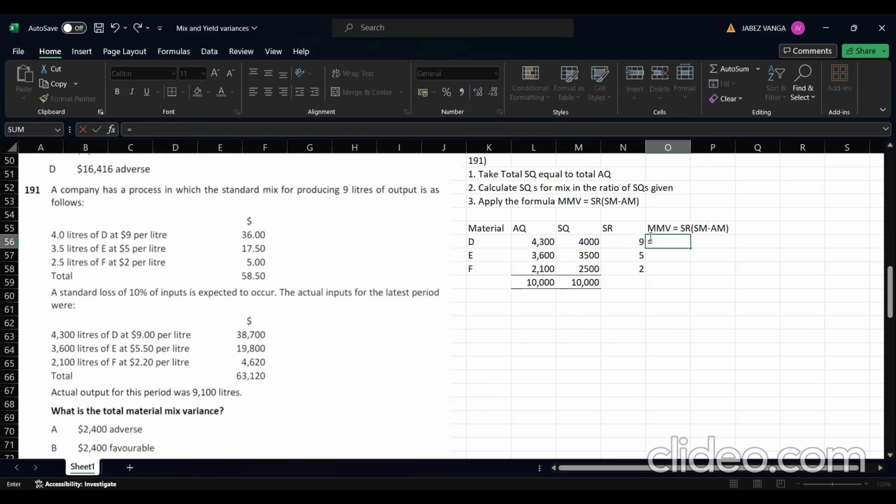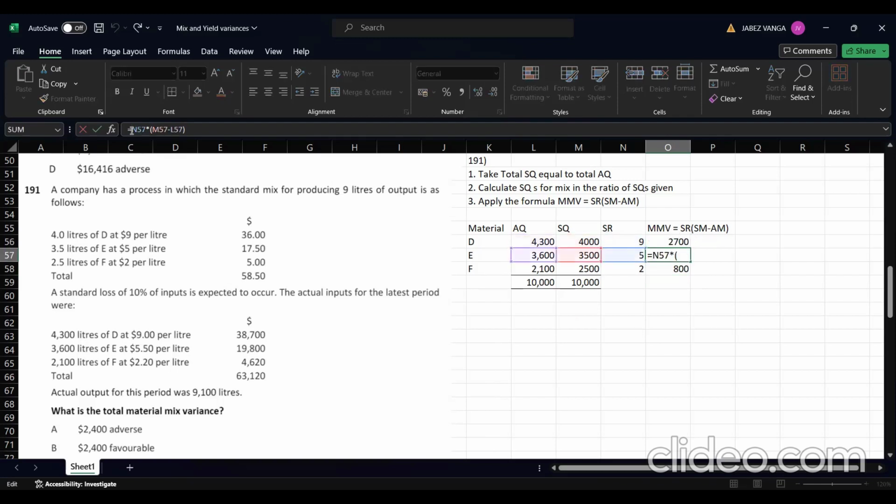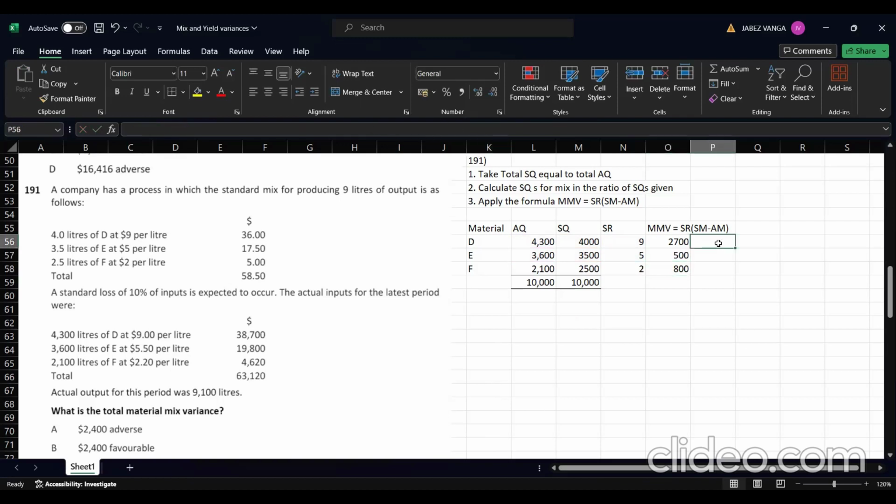Apply that rate: 9 into standard quantity minus the actual quantity. Drag it down. We will be adjusting the negative signs. When there is a negative sign, put a negative sign after the equals sign so that we don't show a negative value. But yes, we also have to mention whether it is an adverse or a favorable variance.